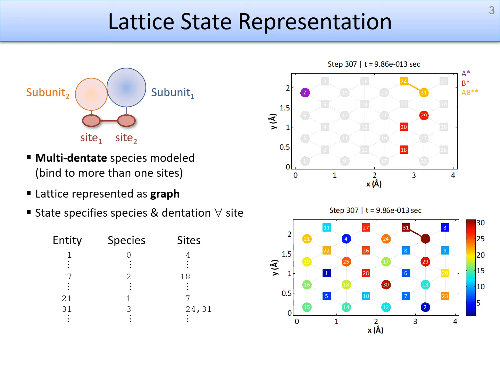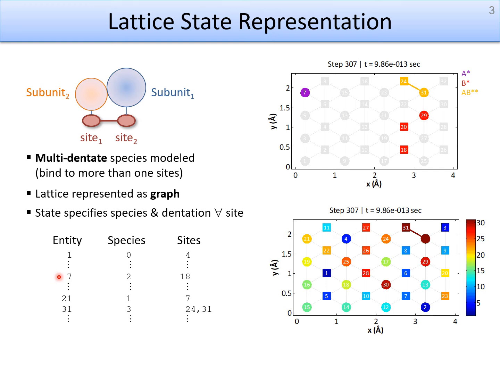Now we have the inverse mapping of that to allow fast computation. So if somebody asks me, okay, here is entity 7, what type of species is this? Where is it sitting on the lattice? Then I have the inverse mapping of the array that I showed earlier, the lattice state array. So then immediately I would go here. So this array is sorted by entity number.